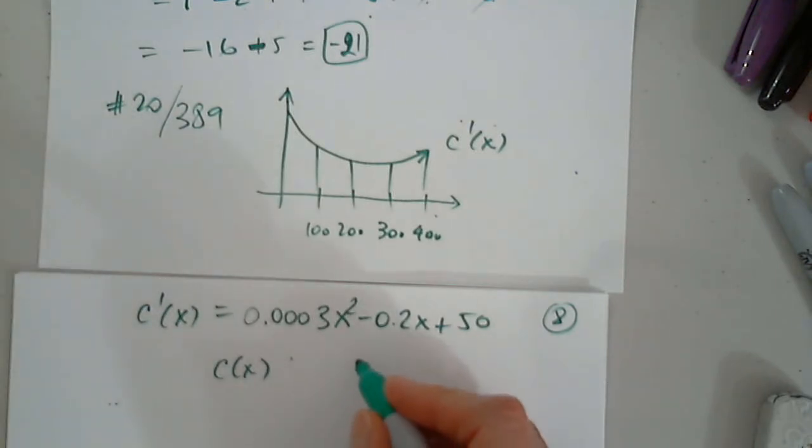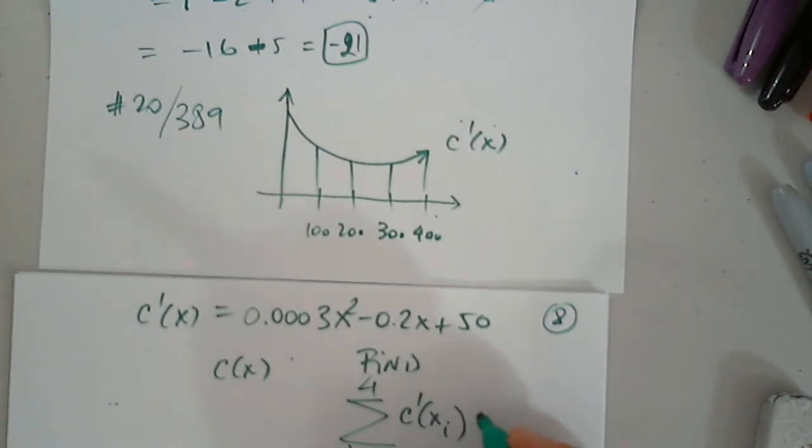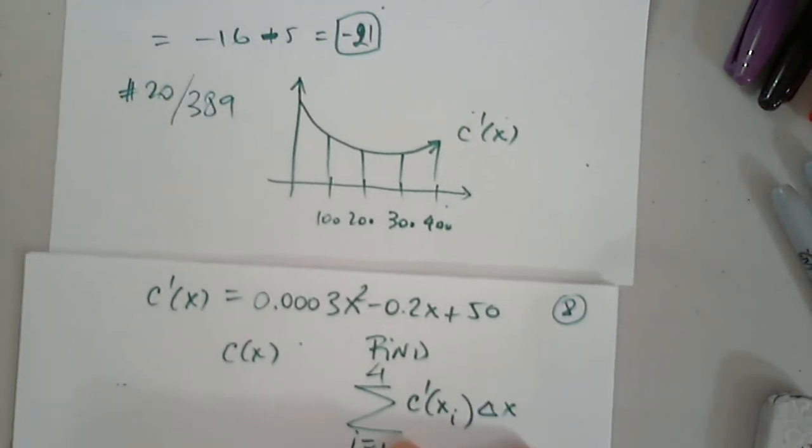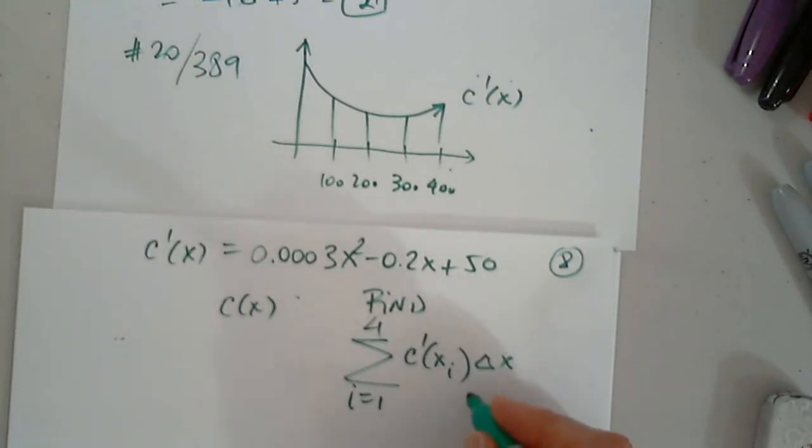So they're asking us to find the sum from i equals 1 to 4 of C prime of x_i delta x. Again, they're writing it like this. It's fine, but it's normally base times height, not height times base. Just a comment: delta x equals 100.